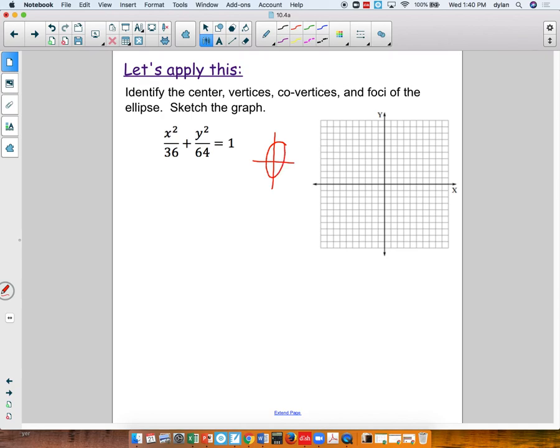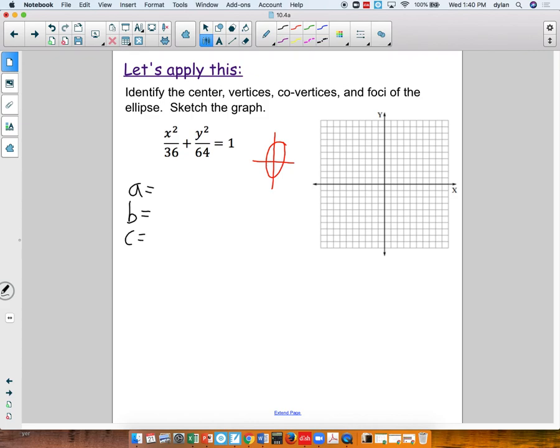I always put that in the back of my mind first because it helps me to think about these problems. So let's see if we can identify a, b, and c. We want to know our a, b, and c values so that we can come up with our center, vertices, foci, and co-vertices.